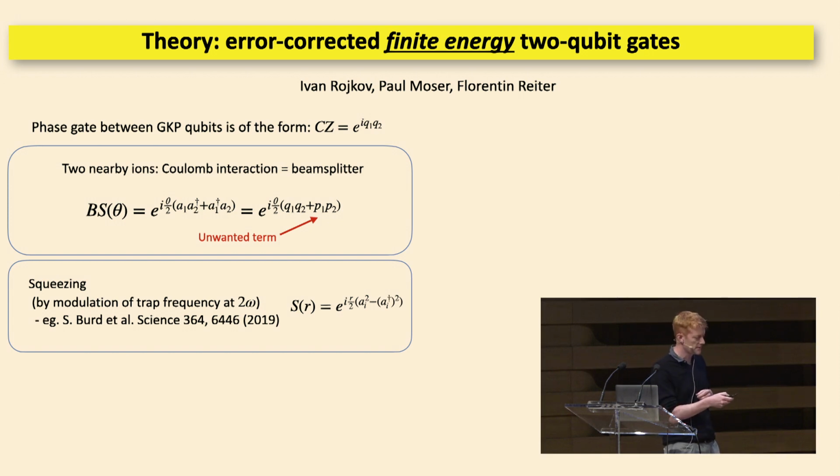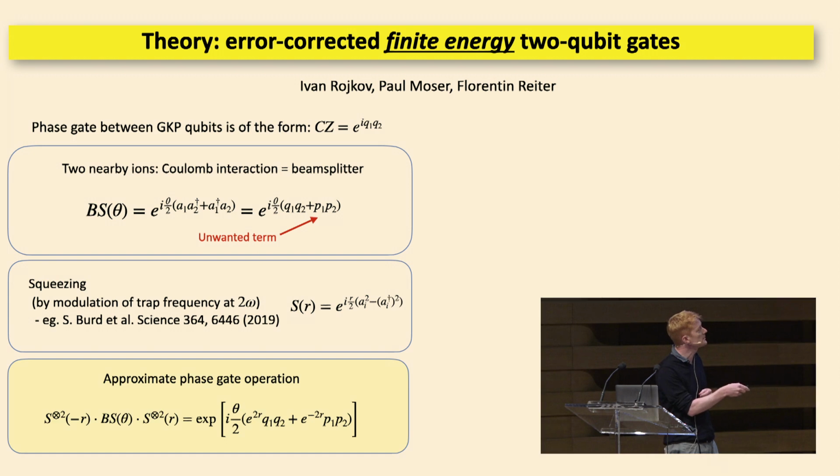And what that means is if you sandwich such a beam splitter between some squeezing, then you can enhance the position term versus the momentum term. What that means is that you can approximate very well the gate that you'd like to do, even with an interaction which conserves energy and thus has these two terms in parallel.